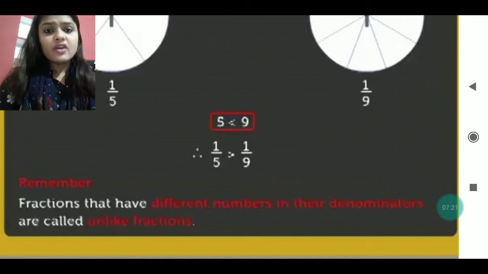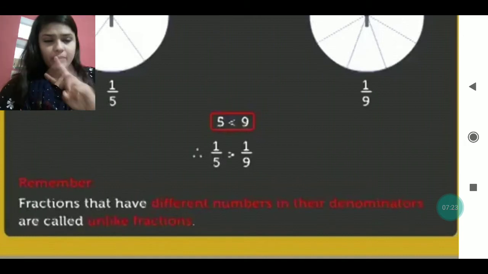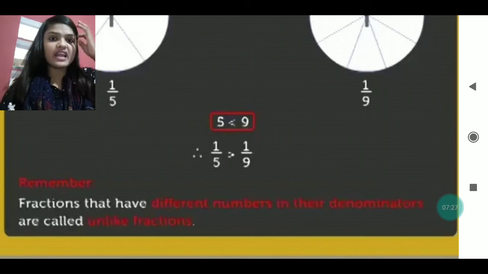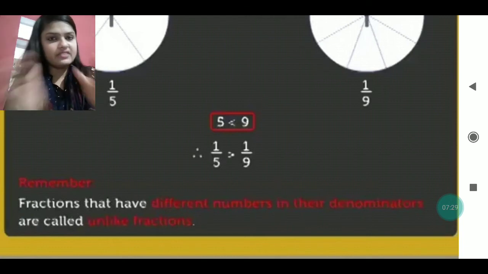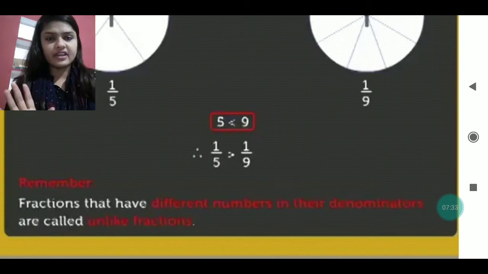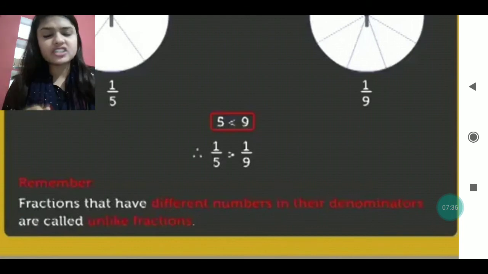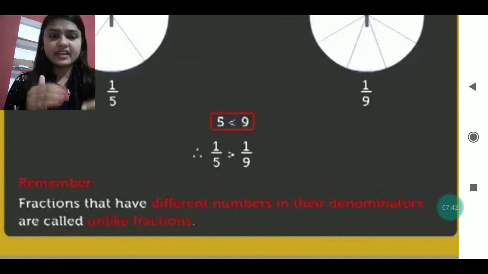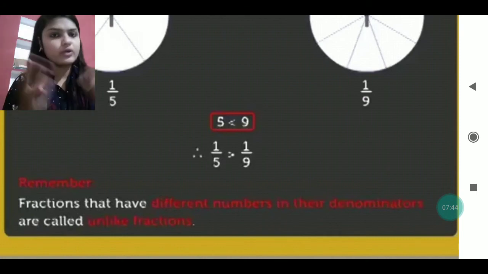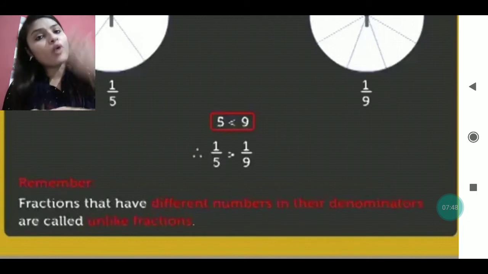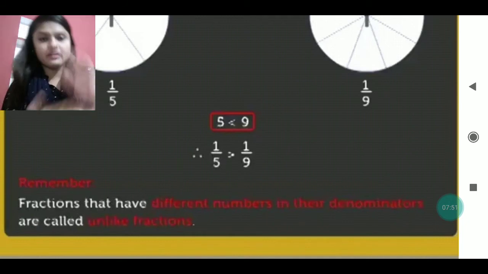It is written, fractions that have different numbers in their denominator are called unlike fractions. Here the numerators are the same but the denominators are different, so it is an unlike fraction. When comparing unlike fractions, keep this in mind: if the numerators are the same, we don't have to compare numerators, we compare the denominators. The fraction with the smaller denominator will be the greater number.